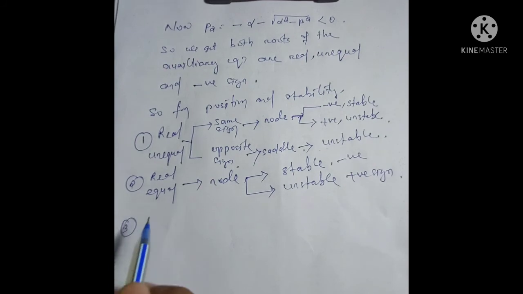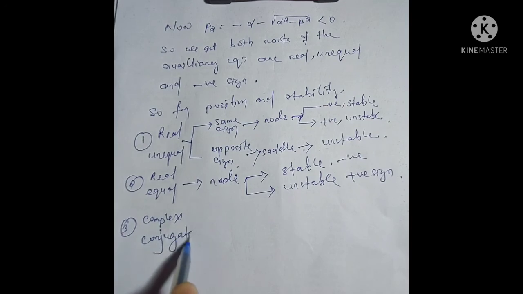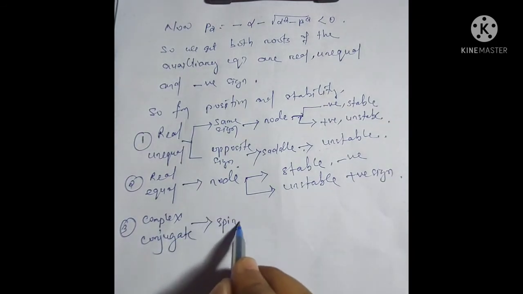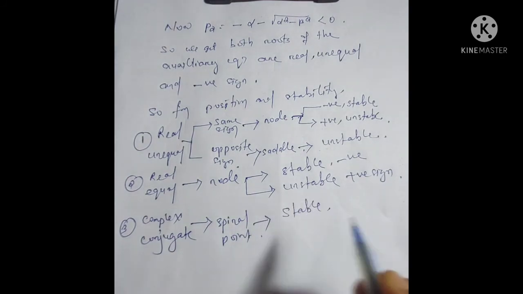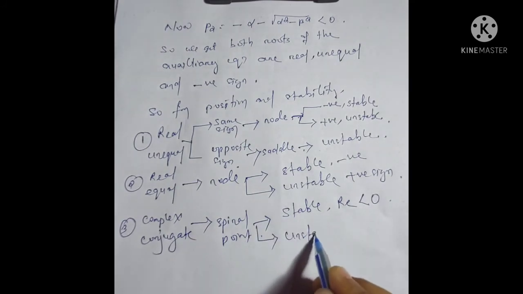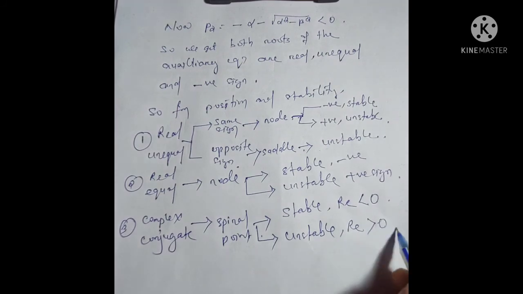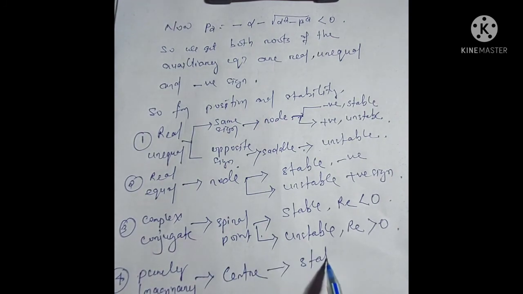And condition 3 will be if the two roots are complex conjugate, then it is a spiral point, which is stable when the real part of the roots is less than 0, and it is unstable when the real part is greater than 0. Now condition 4 is if the roots are purely imaginary, then the point will be a center, and it is stable but not asymptotically.